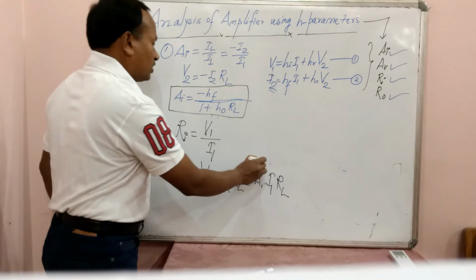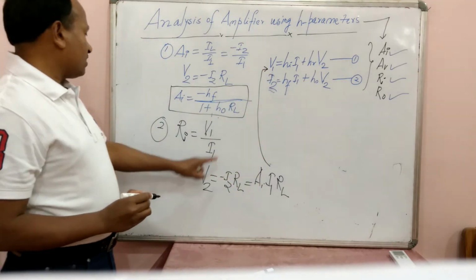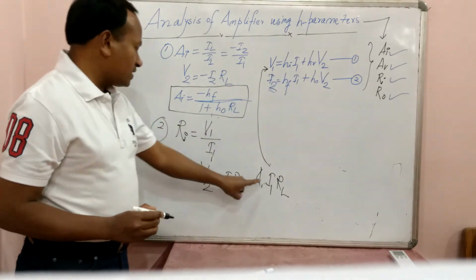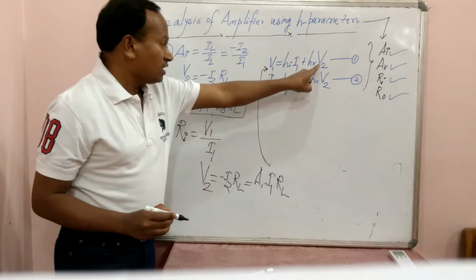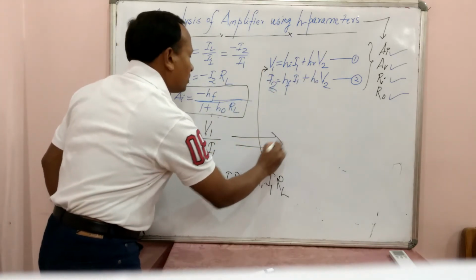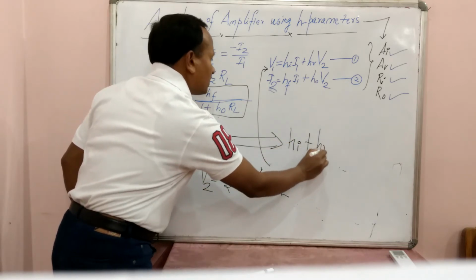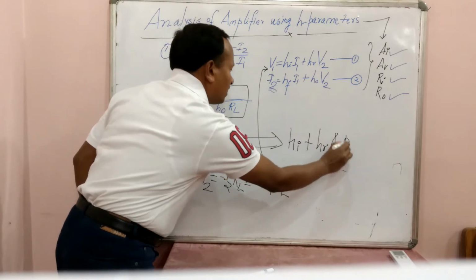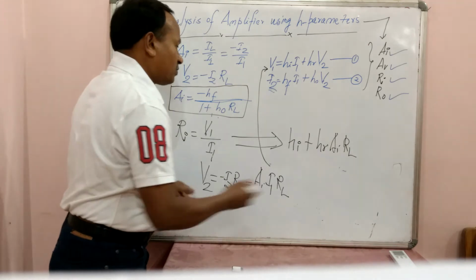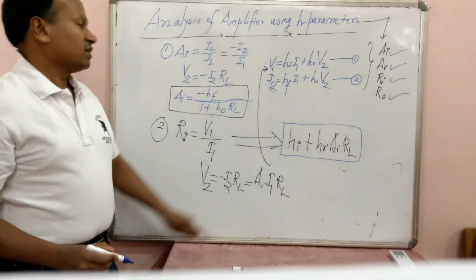If we substitute this value in this particular equation, we will get V1 upon I1, which is nothing but HI plus HR AI into RL. This is the expression for input impedance or input resistance.